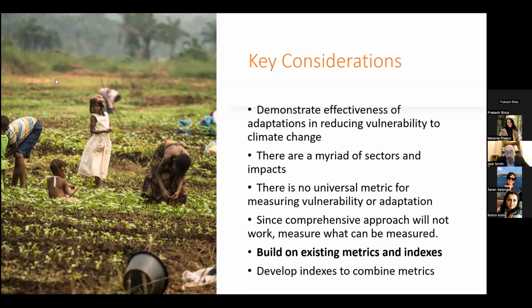In many cases there are many metrics, and it would be overwhelming to try to look at dozens of metrics. So indices may need to be developed to combine metrics in a way to make it more understandable how countries and other levels are doing on adaptation.